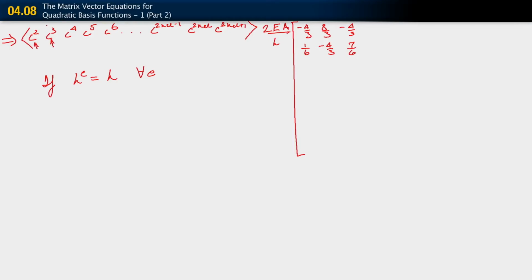We move on to the next element. Element 2 has contributions from C3, C4, C5, or alternately from global nodes 3, 4, 5, global degrees of freedom 3, 4, 5. It is going to get slotted into these positions here.